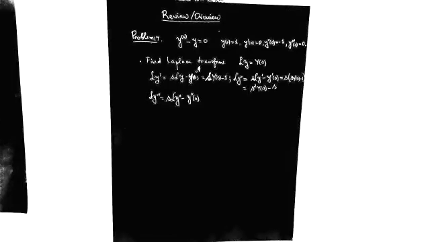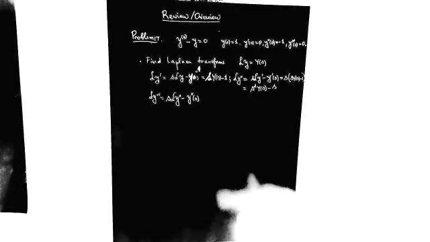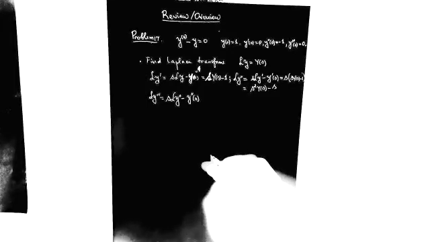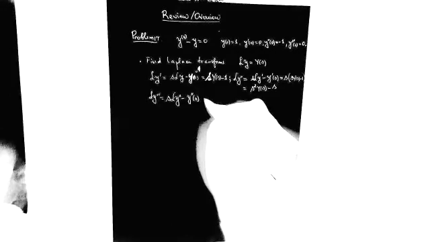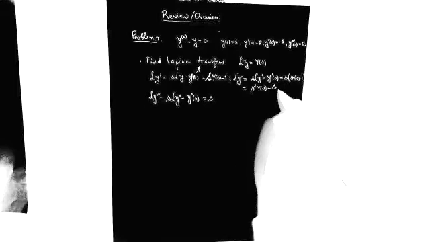If I want to find the Laplace transform of the third derivative, that will be s times the Laplace transform of the second derivative minus the value of the second derivative at 0. And so that is s, and the Laplace transform of the second derivative is right here.